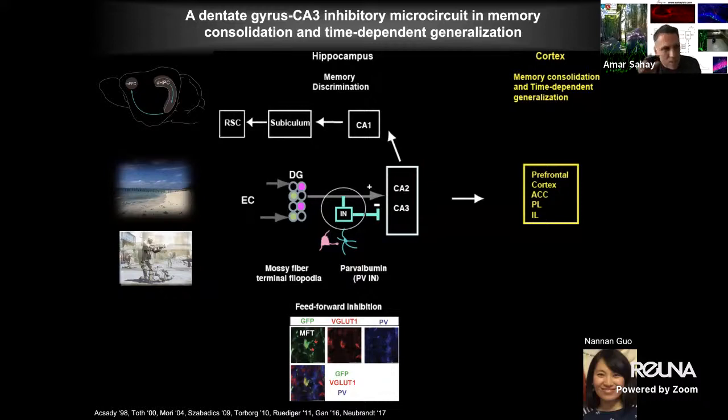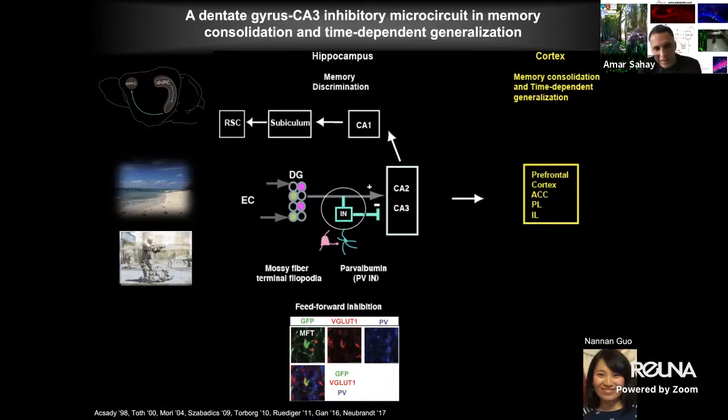Nevertheless, these mossy fibers also have filopodia that express VGLUT1 and that release glutamate onto parvalbumin inhibitory neurons in stratum lucidum. So when you stimulate a single granule cell, you simultaneously recruit feed-forward inhibition mediated by these parvalbumin inhibitory neurons onto CA3 and CA2, but also feed-forward excitation through the mossy fiber CA3-CA2 synapse.